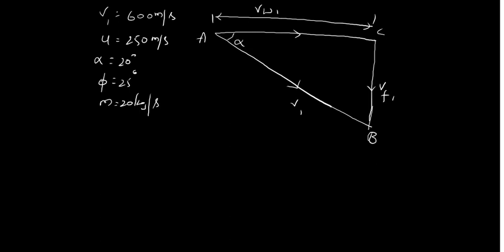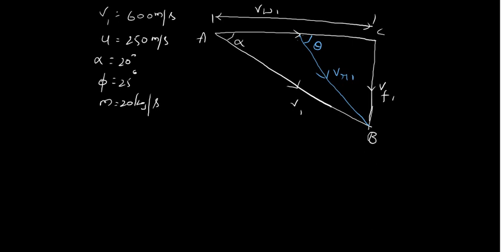Yes or no? Yes. Here we'll change the color. After gaining the velocity of u for the blade, here we have a relative velocity Vr1. The angle here is theta. Right?